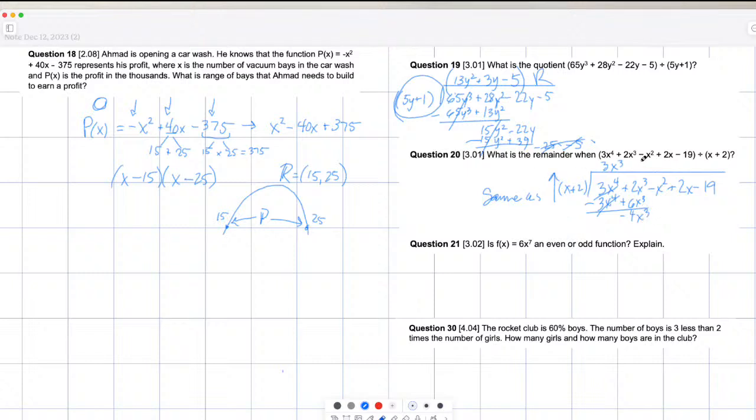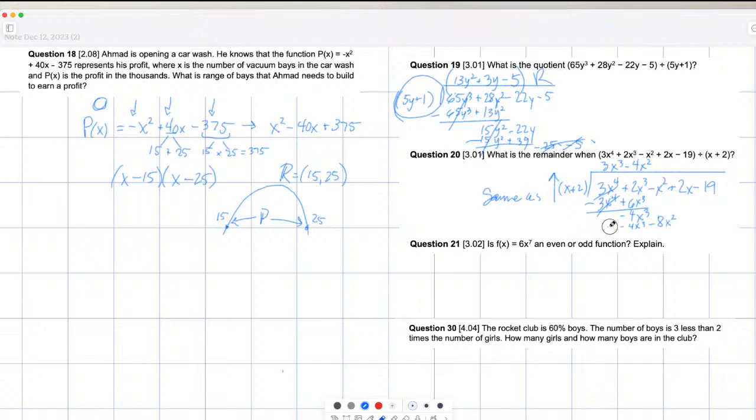And then we want negative 4x squared, so negative 4x cubed, plus 2 times negative 4, so minus 8x squared.